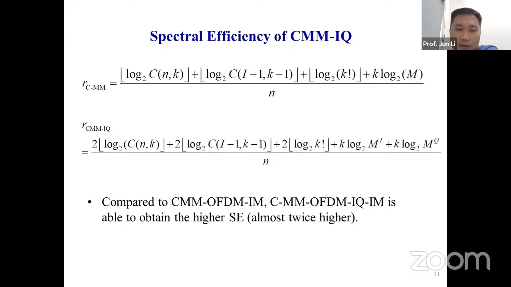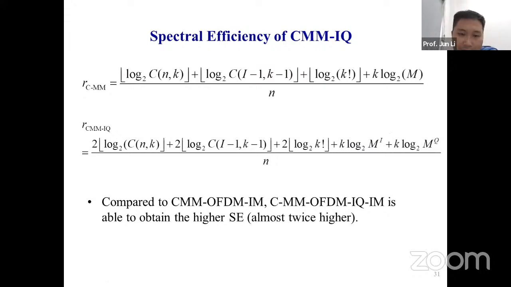The last part is the same, right? MI and MQ should be equal to M. This means if we have the QAM constellation, then this is the real part and this is the imaginary part. So those parts are the same, but the first three parts are different.